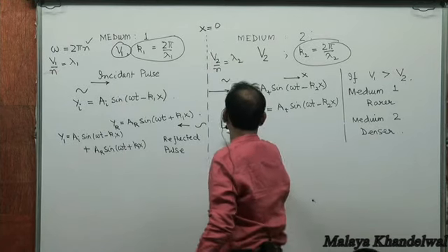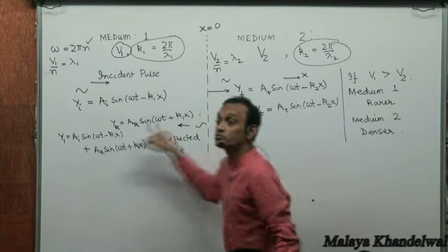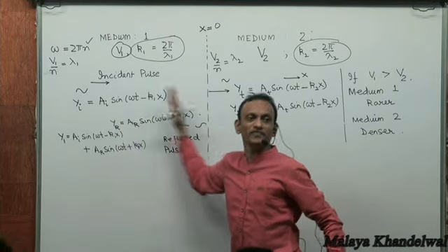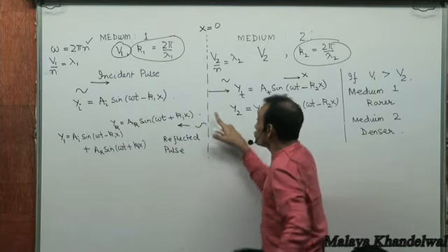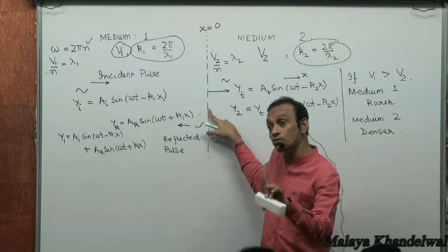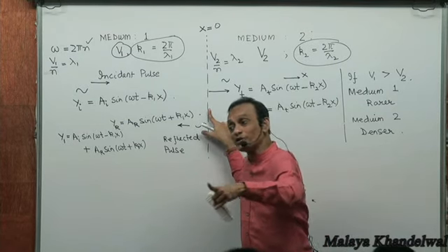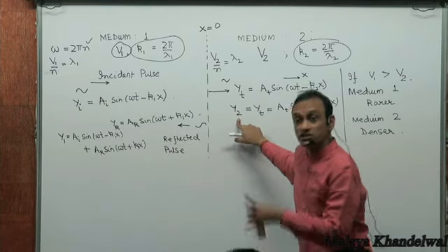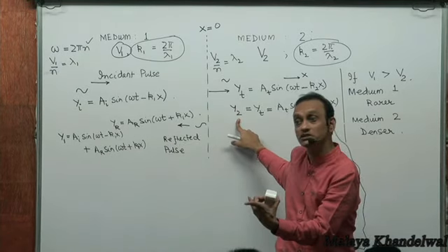x equal to 0 belongs to y2, also belongs to y1. x equal to 0 is common between y1 and y2. So whatever is happening at x equal to 0, it should be possible to compute that either using this equation or using this equation. Both should give me the same value, isn't it?